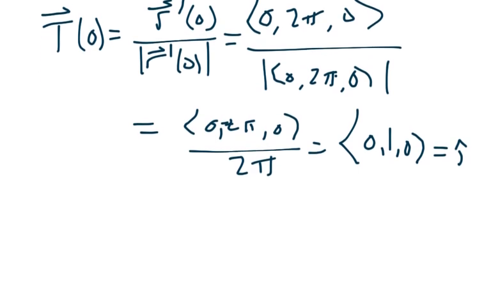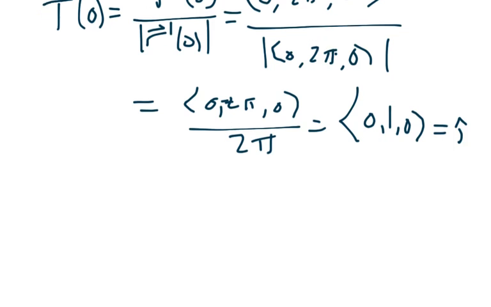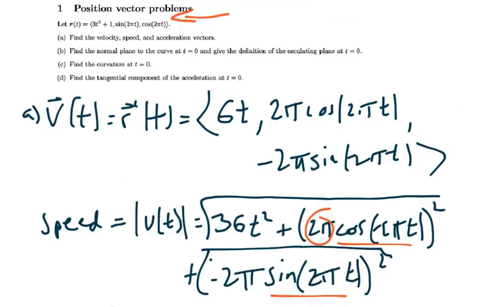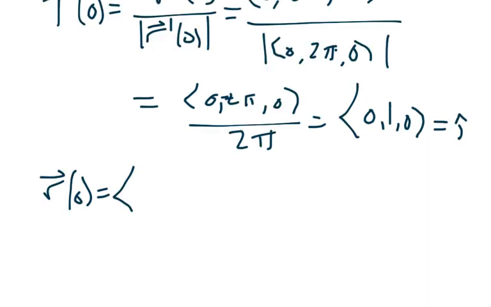So we have the normal vector. We also need a point in the plane. We know that r of 0 is going to be 1, 0, 1, so (1, 0, 1) is a point in the plane.